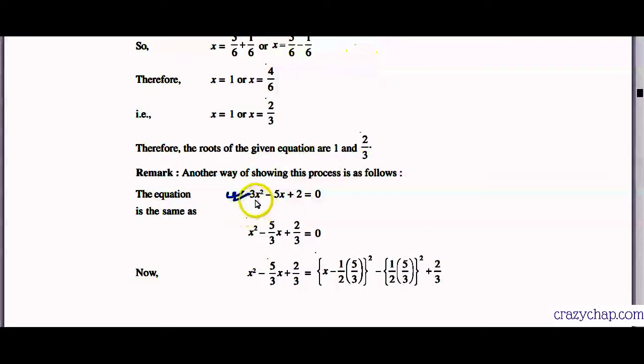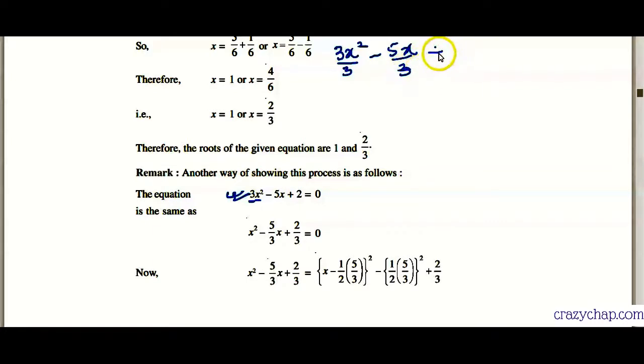Whenever you have an x square coefficient, first of all you make that independent. There should be no number with x square. So for that we have to divide all the terms by 3 just to remove the x square coefficient. That is the first rule. In the last example the x square coefficient was 1.